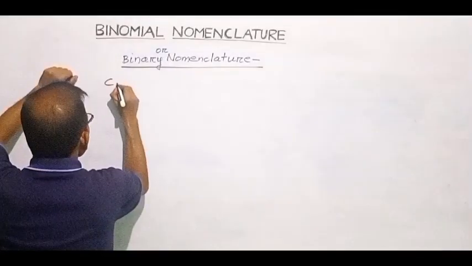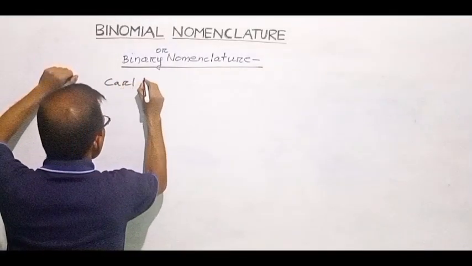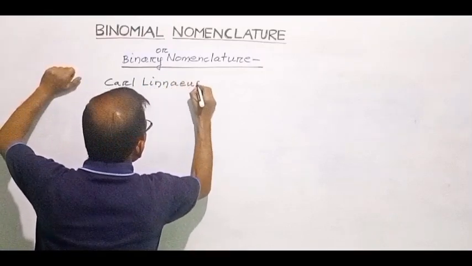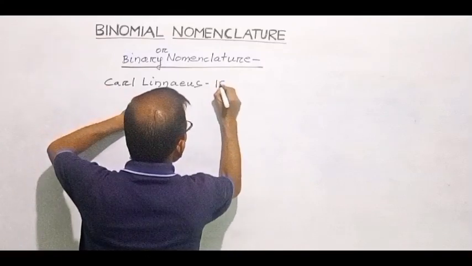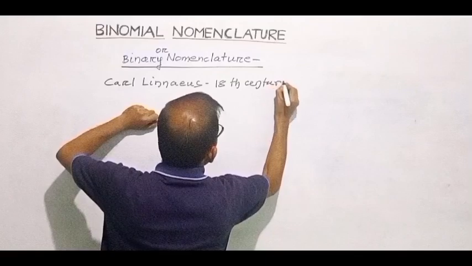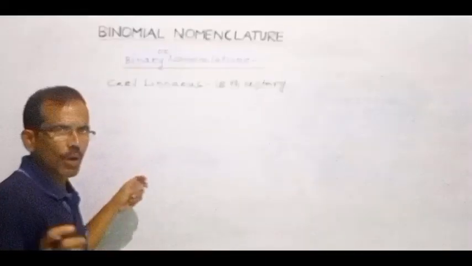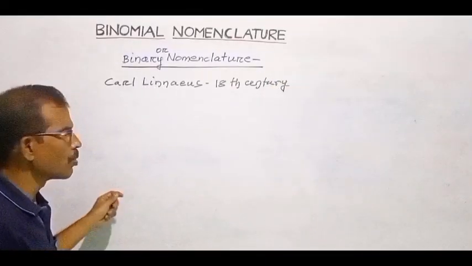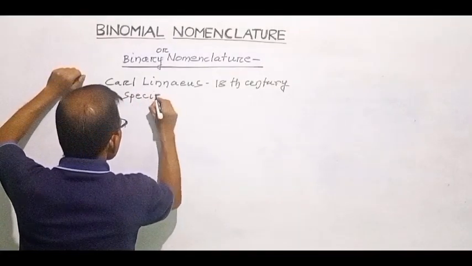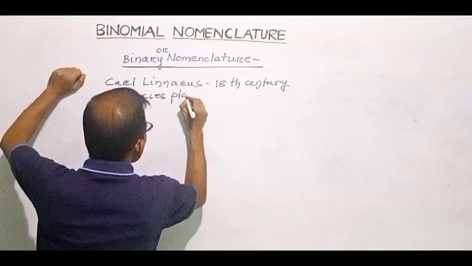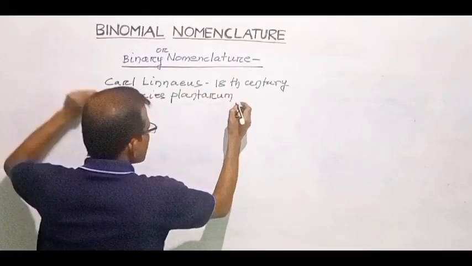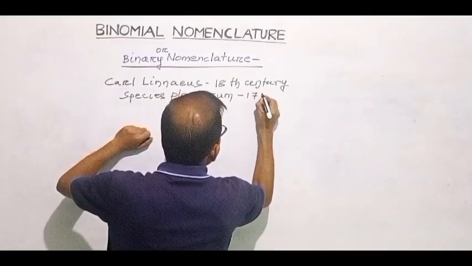The system was introduced by Carl Linnaeus in the 18th century through his groundbreaking works, most notably his book Species Plantarum, which was published in 1753.